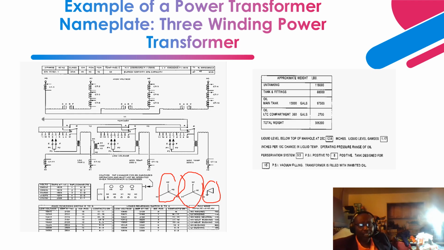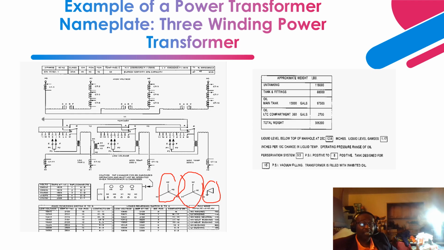The second function is to block triplen harmonic currents. It blocks them so that they don't interfere with your measured currents that will be utilized by your protection relaying, and basically it's more of a power quality measure.